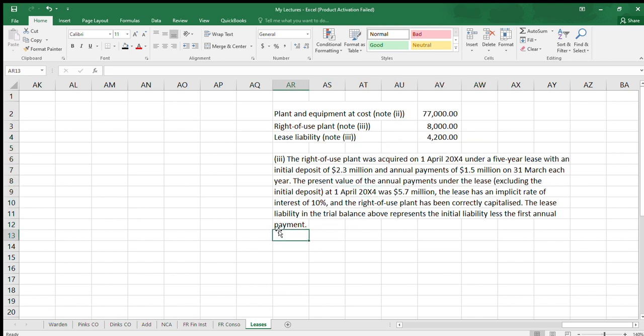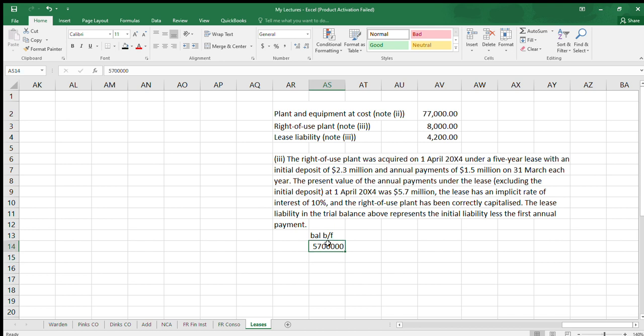Why? The question says that the present value of annual payment under the lease, excluding the initial deposit, is 5,700,000. So the balance brought forward is 5,700,000.